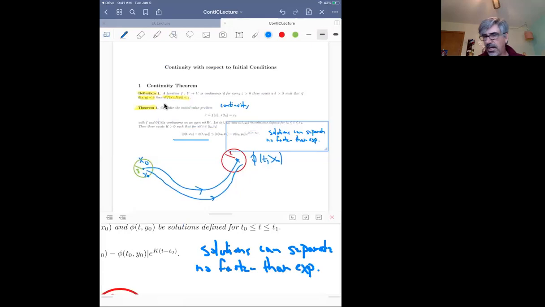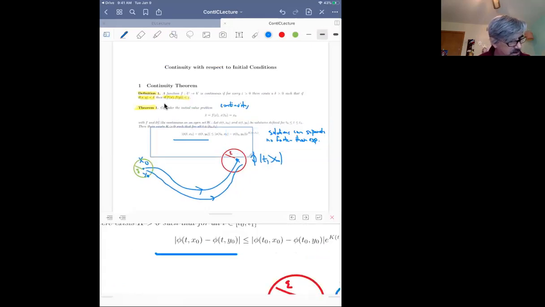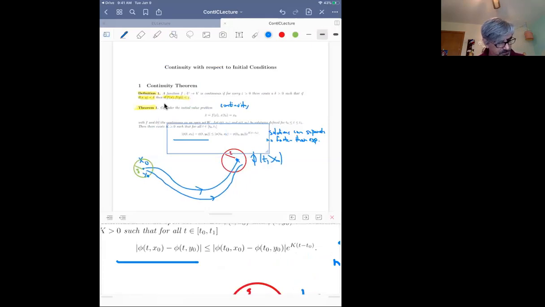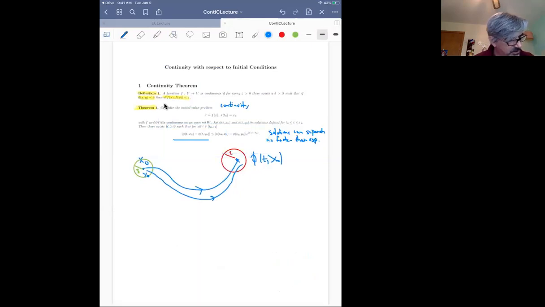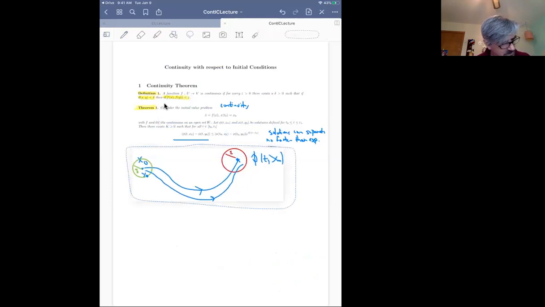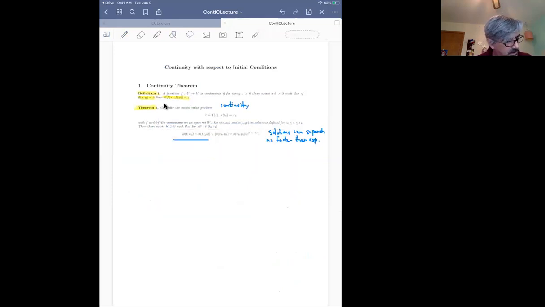And so how does this give us continuity? I'm going to clean up a little bit here. I'm going to erase my picture and give myself just a bit more room. So what we want, the continuity says we want some bound on epsilon, the distance between f of x and f of y.